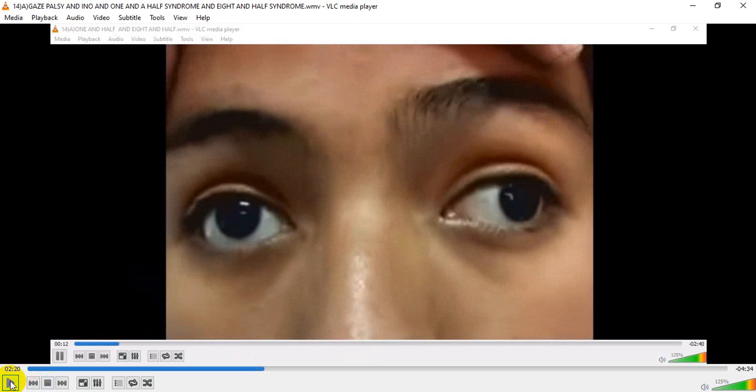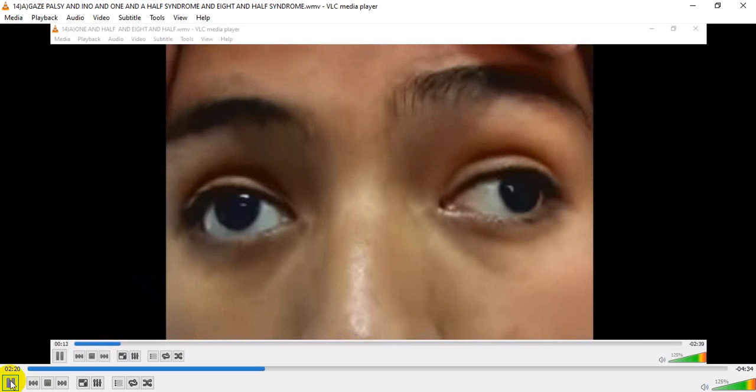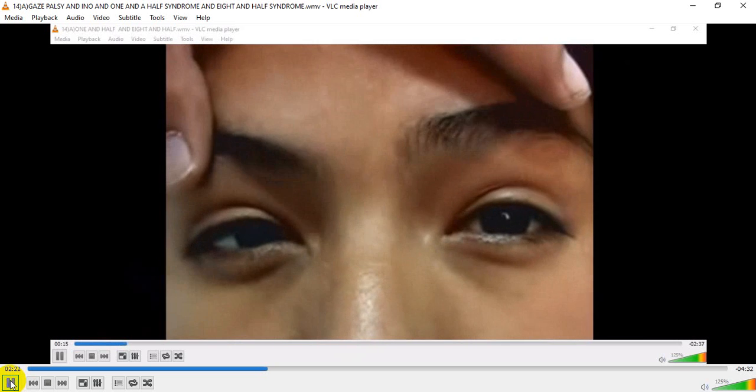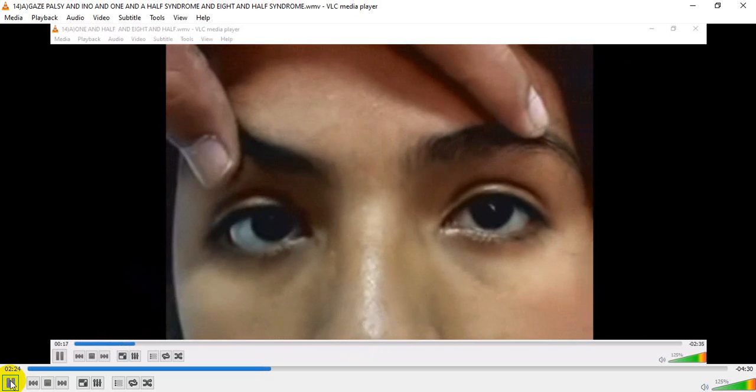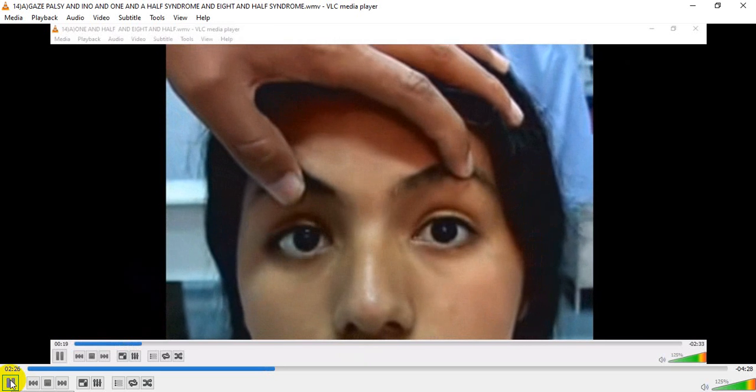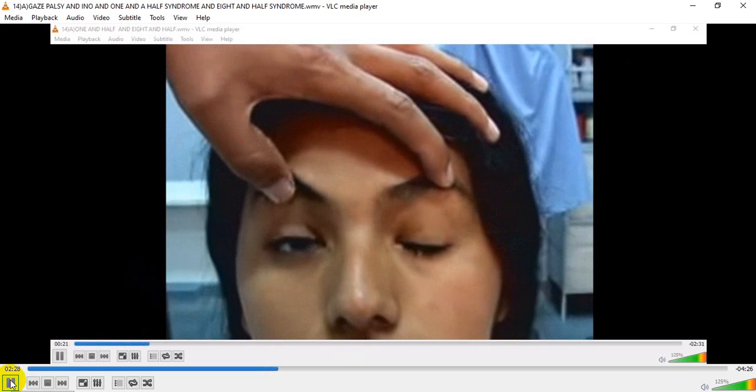Now you can make it out much better, much clearer. Now the eyelids are lifted up.